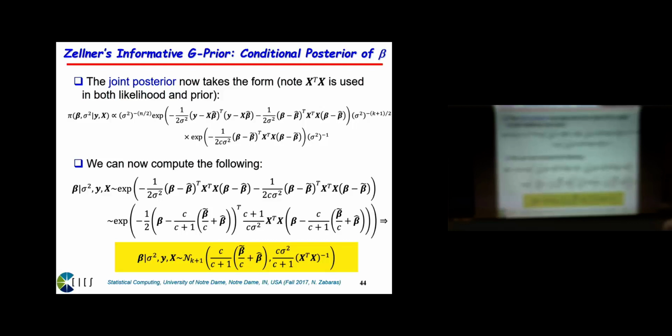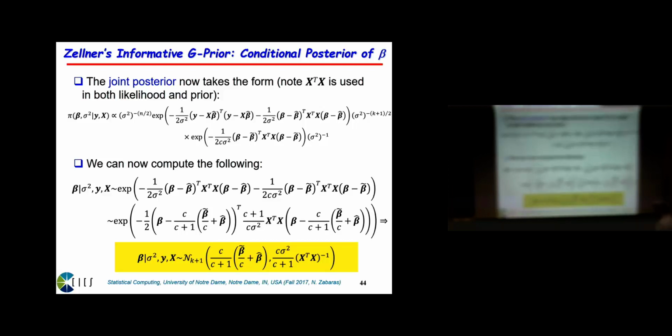One of them, very important, is the conditional of beta, the coefficients, given sigma squared. Okay, this is the posterior. So it looks nicely like that. And from this equation, looking at the mean, you can appreciate the nice impact of this Zellner prior that we use, because now you can see that C defines the mean of beta as a weighted average of the prior mean and the MLE estimate.